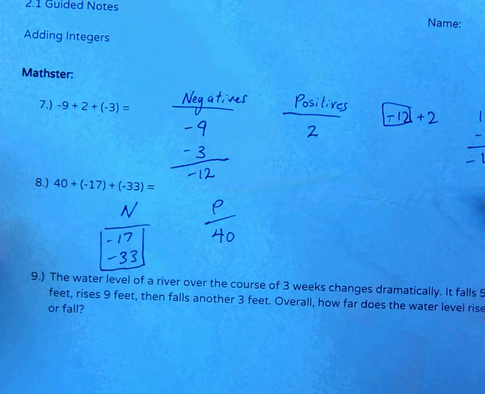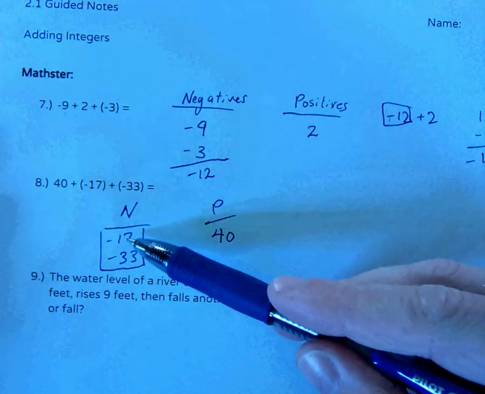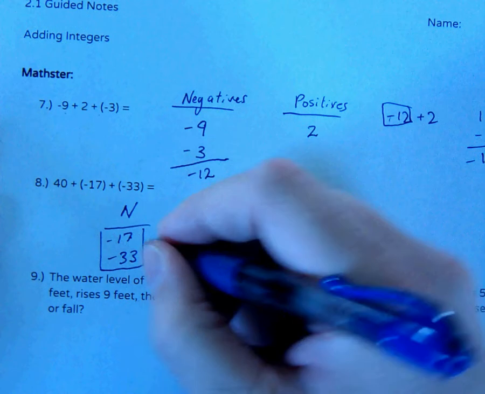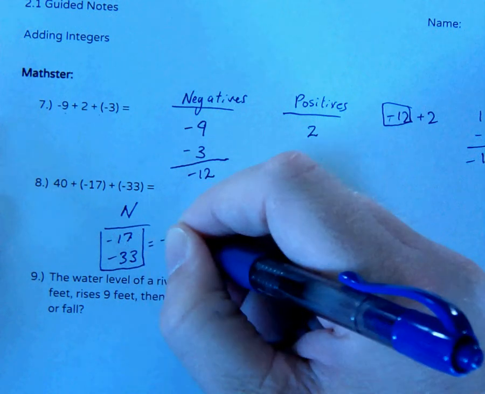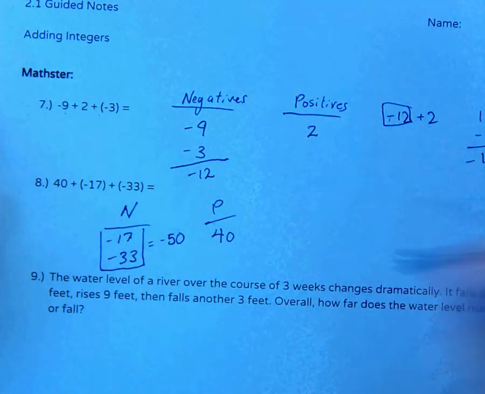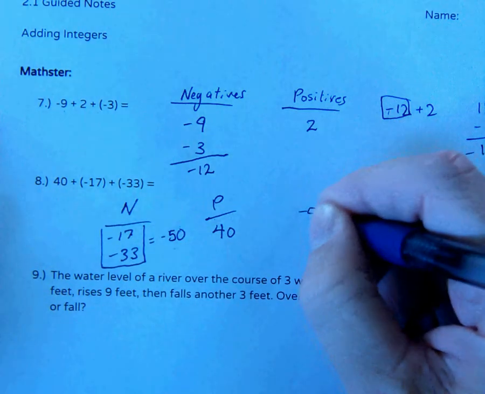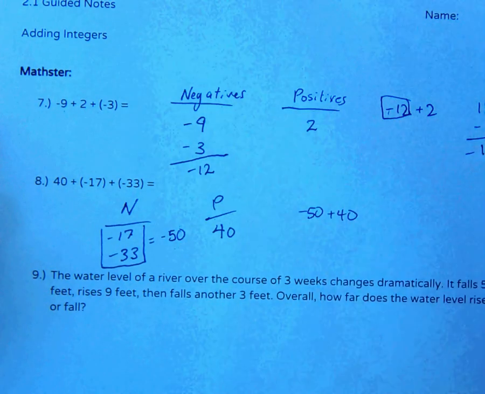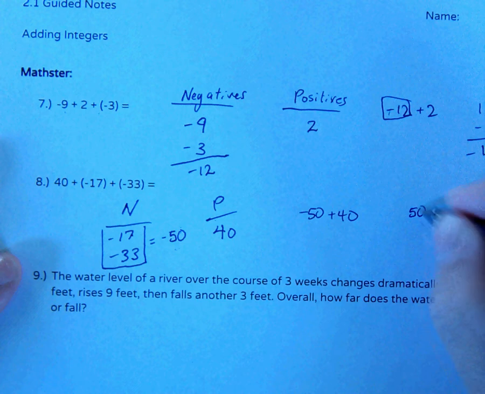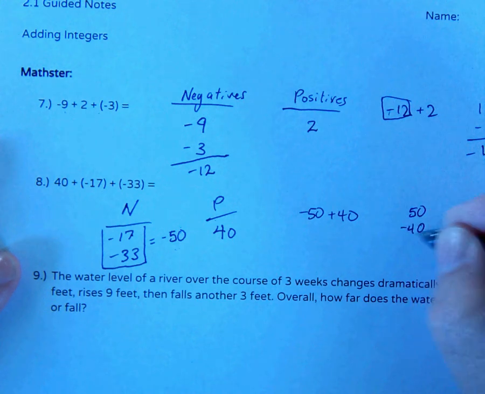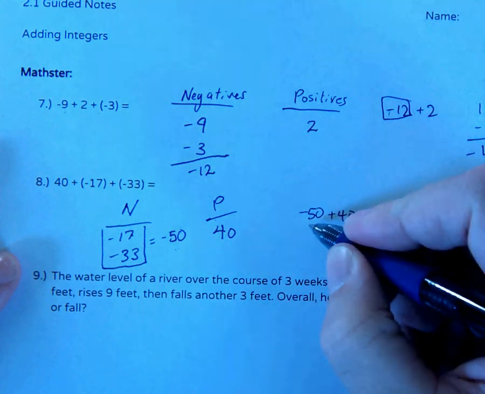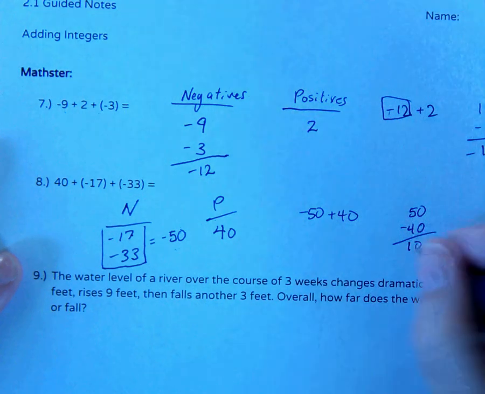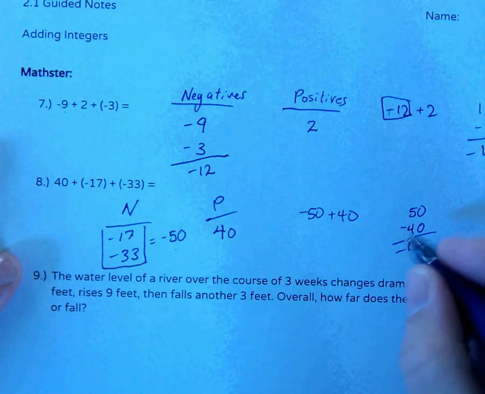Remember, this is just like adding because it's the same sign. 17 plus 33 is equal to negative 50. So now I'm doing negative 50 plus 40, or 50 minus 40, which is 10. But since negative, what's the larger of the two numbers? It's negative 10.